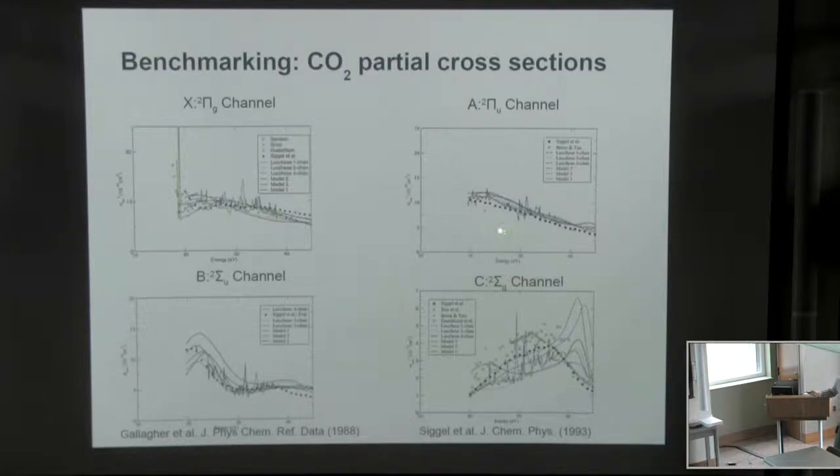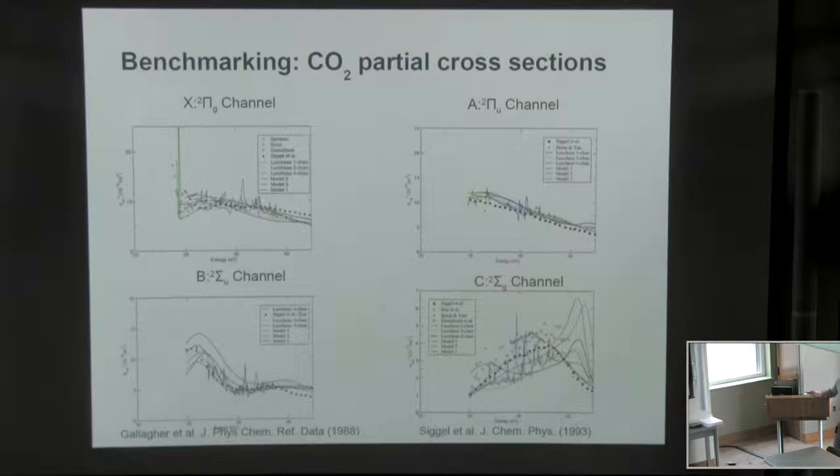So moving on to the A channel, then. Here again you can see that the static exchange model, model 1, seems to give a partial cross section which is too high in magnitude overall, at least compared to these experimental results, for which I'm not sure exactly what the error bars are.